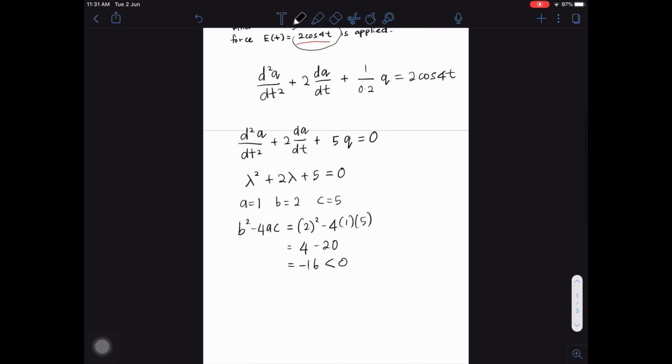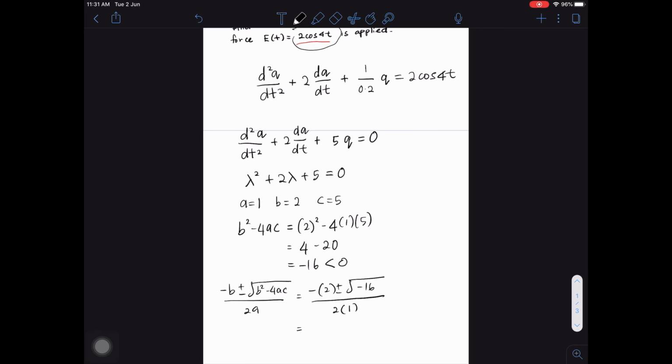To find the complex roots, you need to use the quadratic formula: negative b plus minus square root of b square minus 4ac divided by 2a. So negative b, which is negative 2, plus minus square root of negative 16, divided by 2 times a, where a is 1.